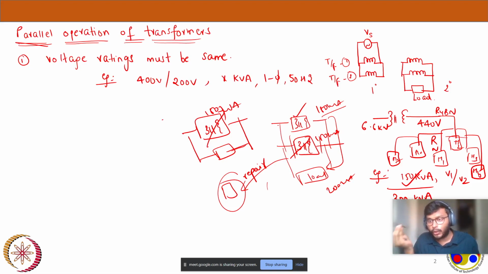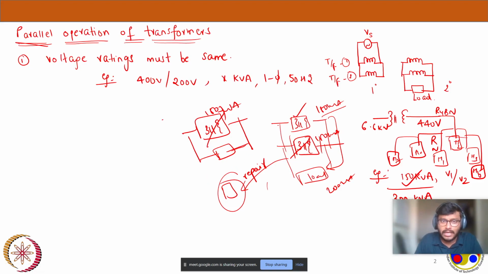There is no supply to even one household, so there will be a power interruption, and it will be there till I get my transformer repaired. So that's the advantage of parallel operation of transformers. Even if one goes faulty, I can maintain my load and I can still give supply to my load.